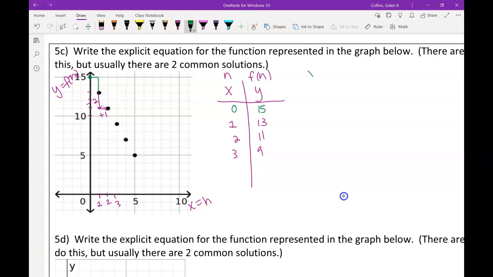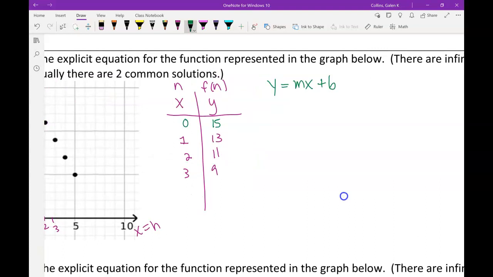So if you're feeling really good, like if you remember from, I almost said Algebra 1. This is Algebra 1, isn't it? If you remember y equals mx plus b from middle school, from pre-algebra or algebra, Math 8, whatever you called it, we know that that m, our slope, is the same as our constant rate of change. That's the same as our constant or common difference.